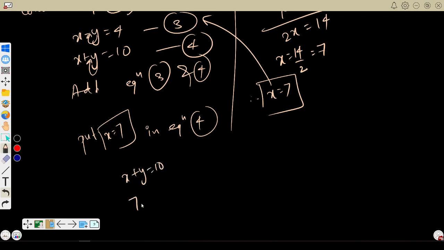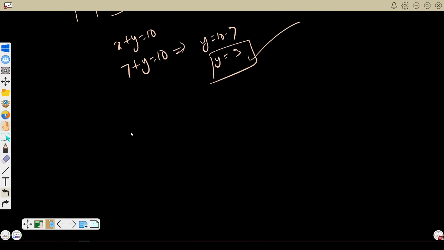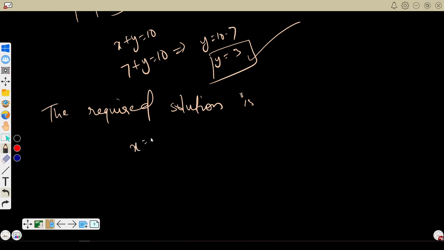I will put x is equal to 7, 7 plus y is equal to 10, which implies y is equal to 10 minus 7, which means y is equal to 3. y is equal to 3. Therefore, now I have the value of x, I have the value of y. We'll write a final statement. The required solution is x is equal to 7 and y is equal to 3.